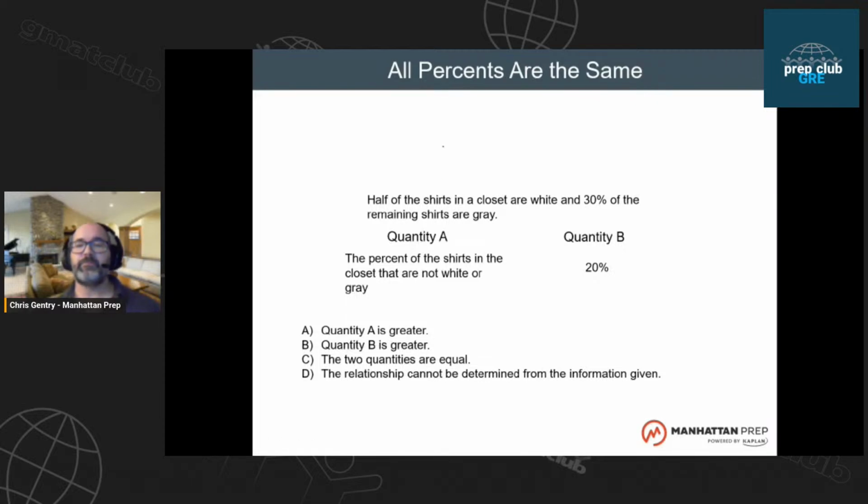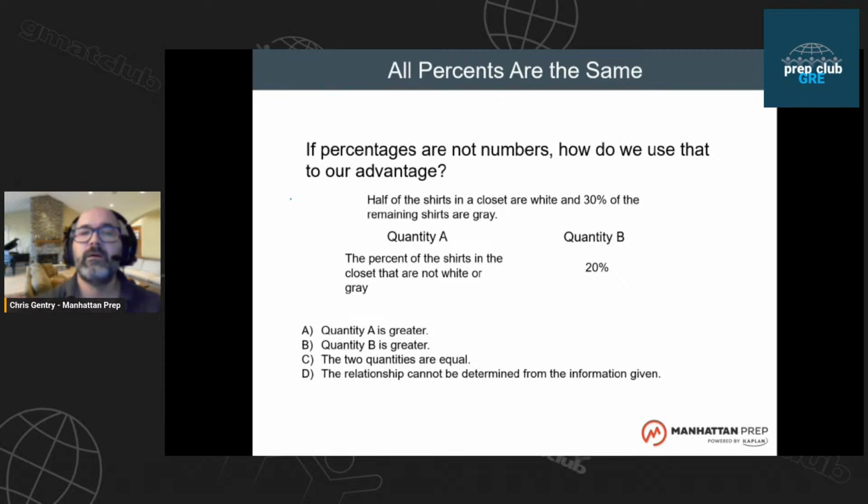Coming back here, the point for this problem: if percentages are not numbers, how do we use that to our advantage? We use this to our advantage by choosing a number. And Bilal is suggesting that we pick 100 as a starting number. So let's take a moment and build this out.